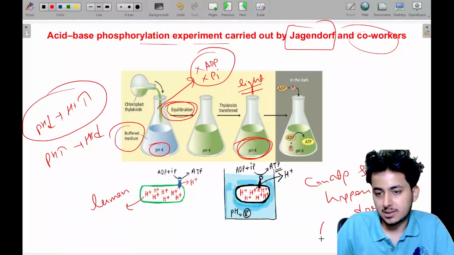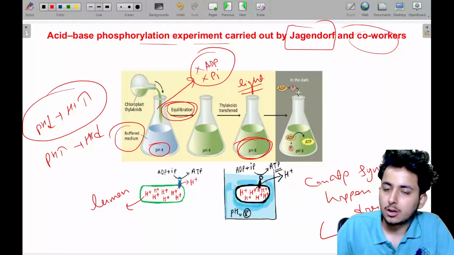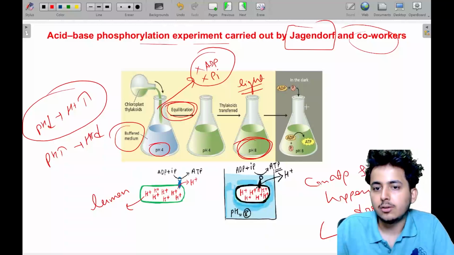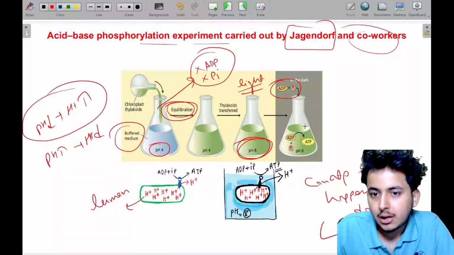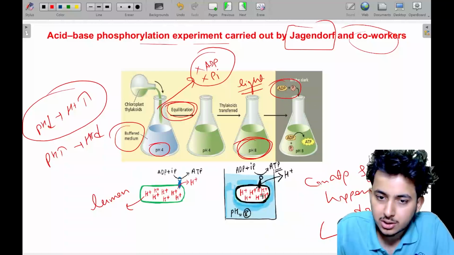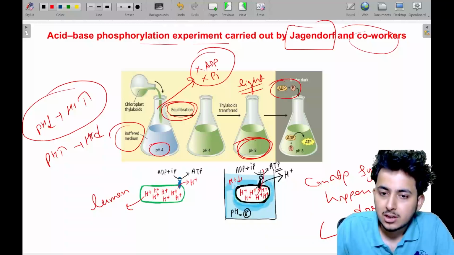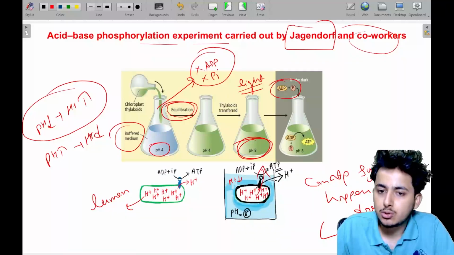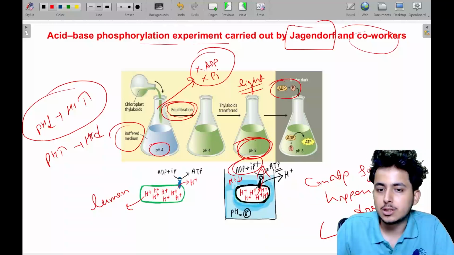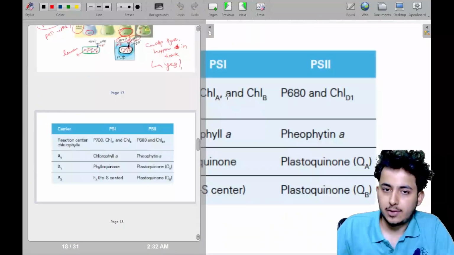The answer is yes, it can happen in dark. In dark, I provided the ADP and Pi, and now this can be combined because the inside lumen concentration of protons is high, and outside H plus concentration is less. The protons will move from lumen to stroma outside, and it will cause the formation of ATP from ADP plus Pi. So basically, this experiment was done in vitro to verify this fact.